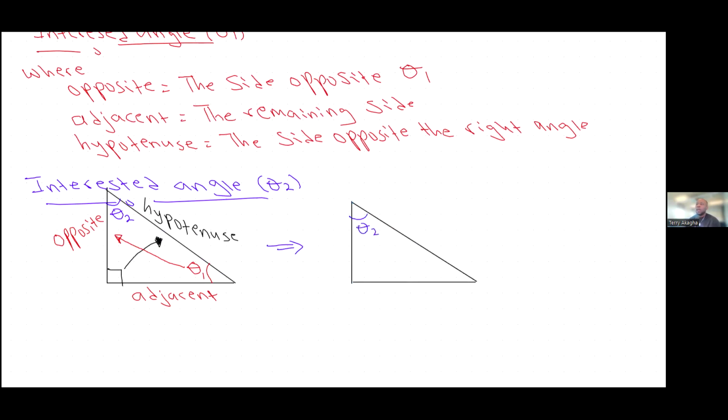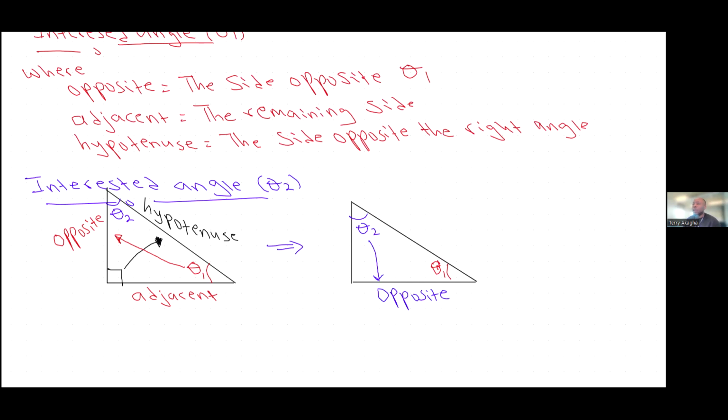Are you seeing it? And we had this part to be theta 1. Okay? This was theta 1, and that was theta 2. Now, using theta 2, the side that is directly opposite theta 2 is going to be the opposite. Are you seeing it? But when we're using theta 1, the opposite was on the other side.